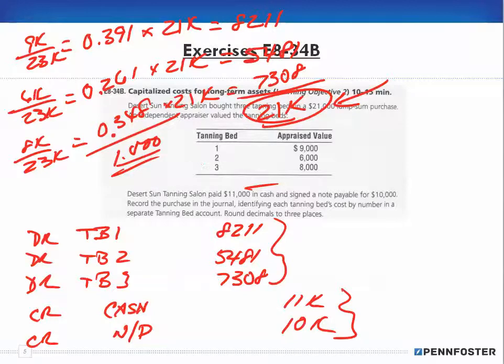All right, so when you're doing the lump sum, remember you have an amount that you paid, which in our case was the 21,000, and then you have an appraised value, or the fair market value, and you need to figure out what percentage each item is of that fair market value.